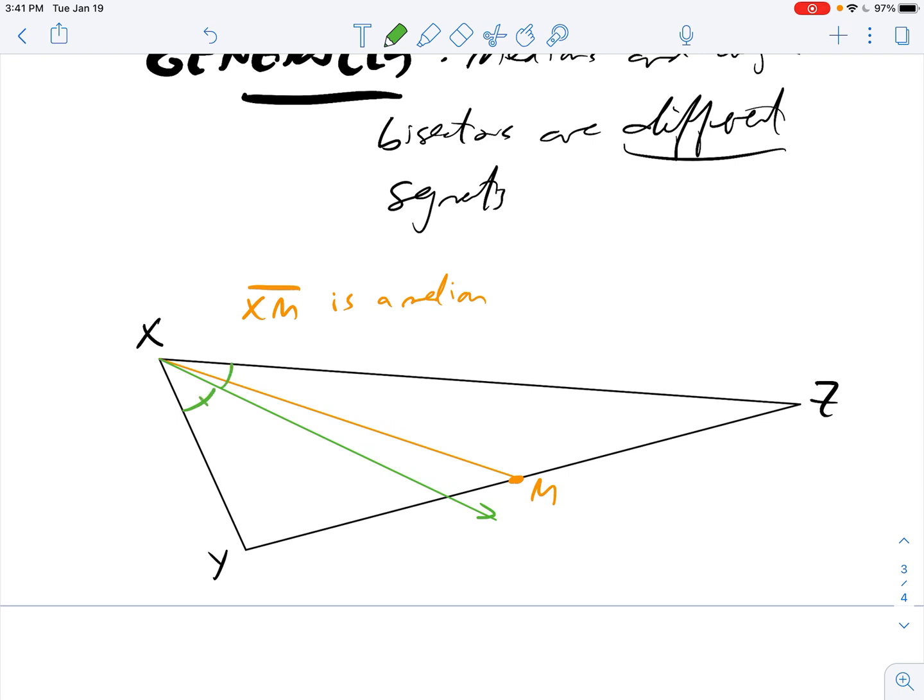This angle and this angle are congruent. Let's call this N. Segment XN is an angle bisector. Both of them create a kind of symmetry, but they create different symmetries. In one case, we'll have congruent segments on either side. In the other case, we'll have congruent angles on either side. Make sure you are crystal clear on the differences between these two.